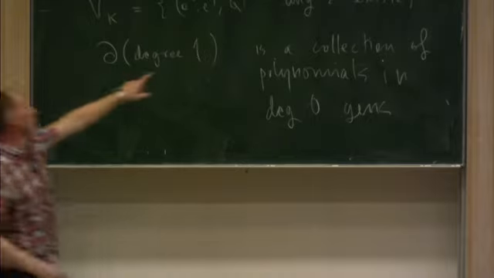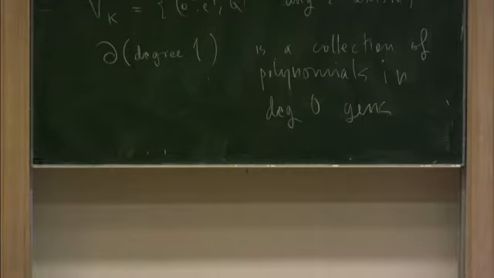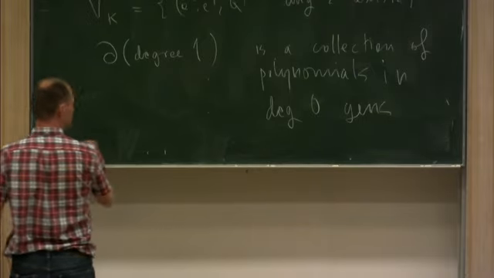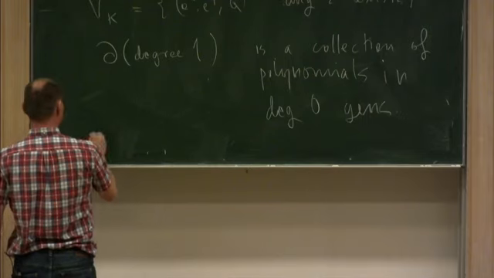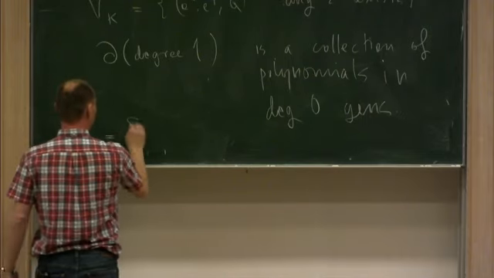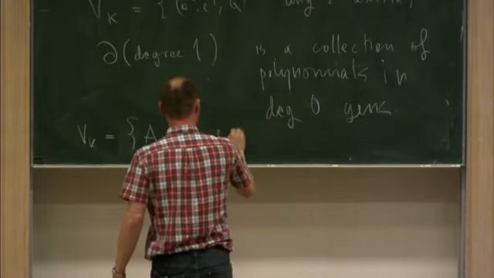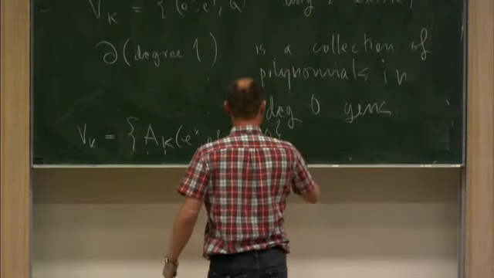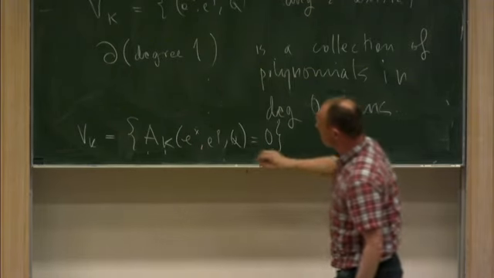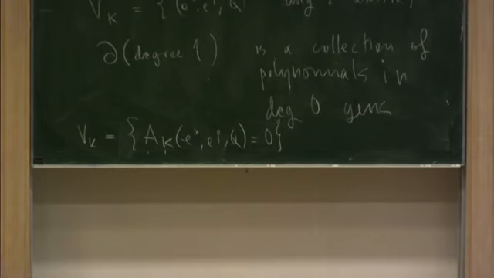If you fix the Q, it is a curve. So there is a polynomial which gives this variety; it turns out this is one-dimensional, and V_K is in fact equal to the zero set of some A_K. This is our augmentation polynomial. That's how it's defined.